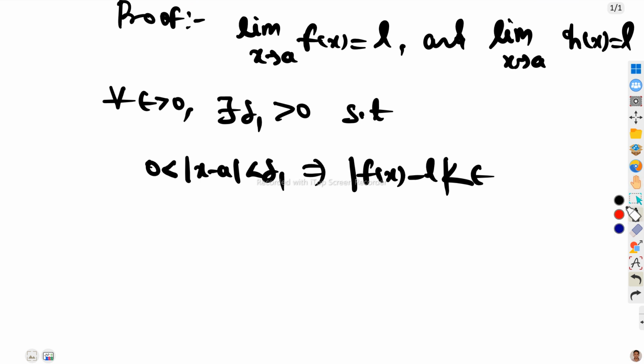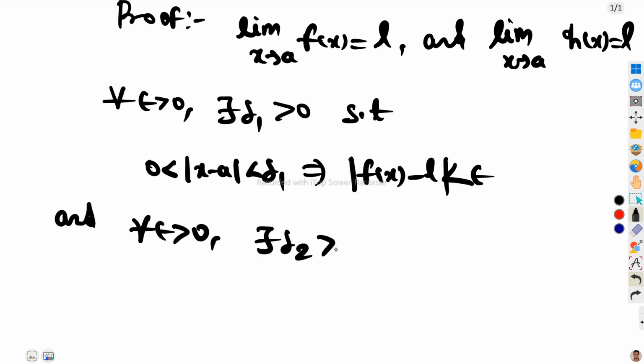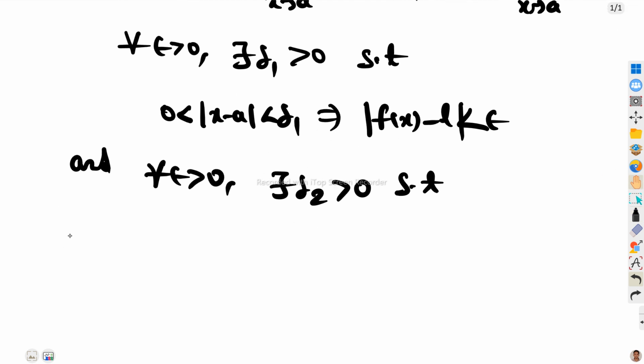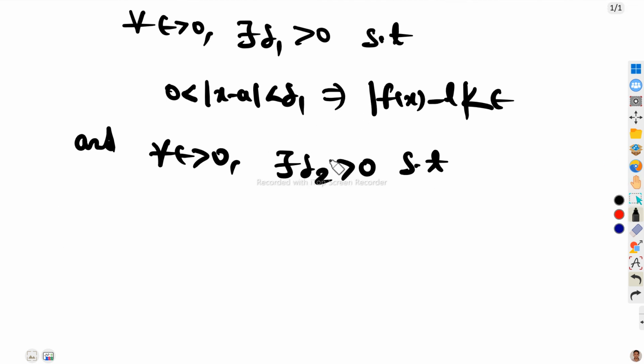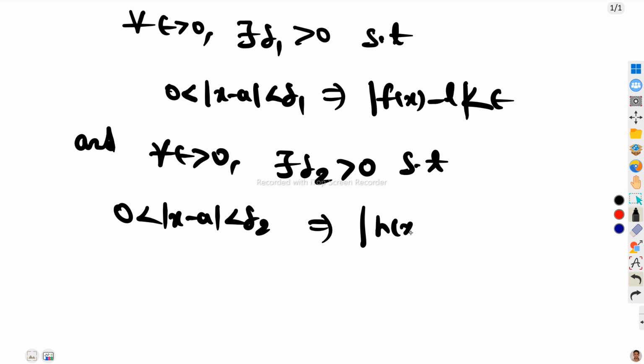And for every epsilon greater than 0, there exists delta 2 greater than 0 such that 0 is less than mod of x minus a less than delta 2 implies mod of h(x) minus L is less than epsilon.